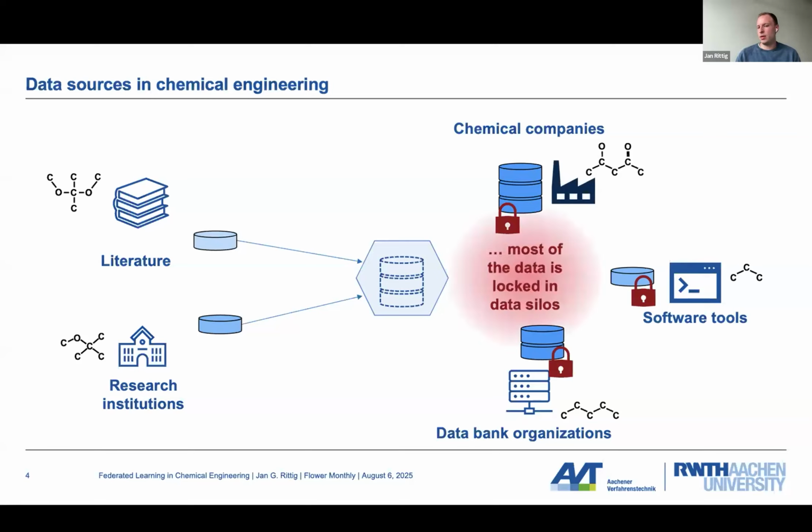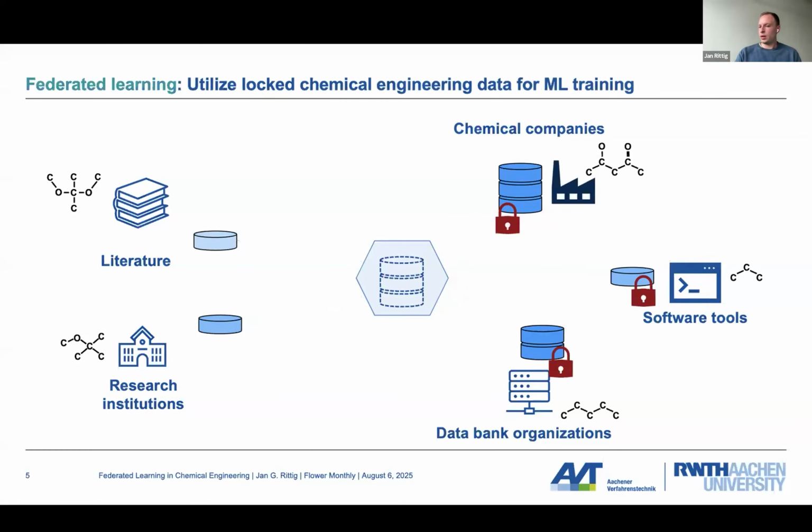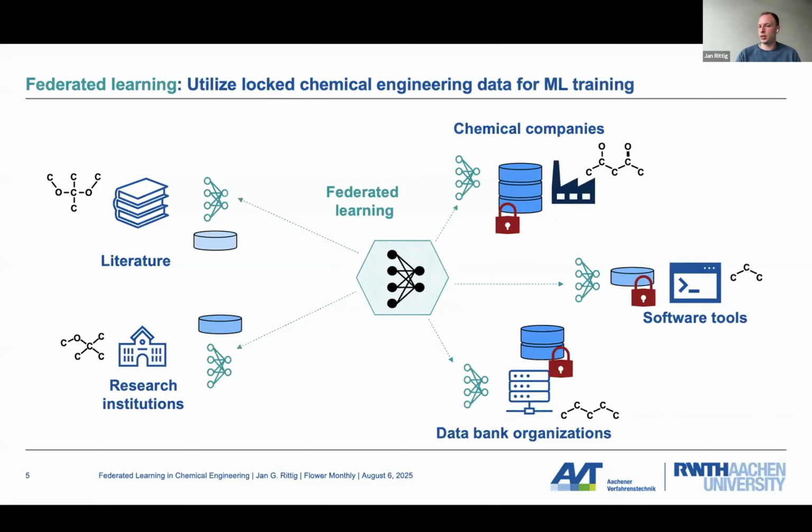So most of the data in chemical engineering is actually locked in data silos. That's why in this project, we wanted to look at a perspective on using federated learning for chemical engineering applications, replacing the focus on data collection with model exchange using federated learning.